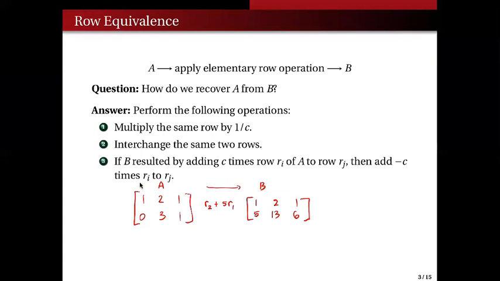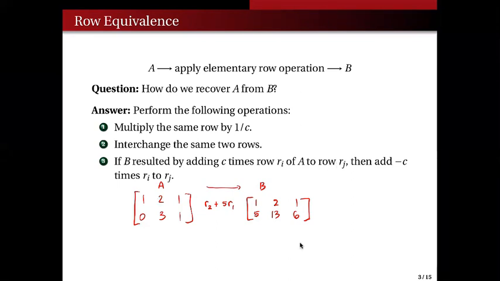Now, if B resulted from adding C times row I of A to row J, then add negative C times row I to row J. Okay? So row I here, row I here, still row J is the one that you want to change.